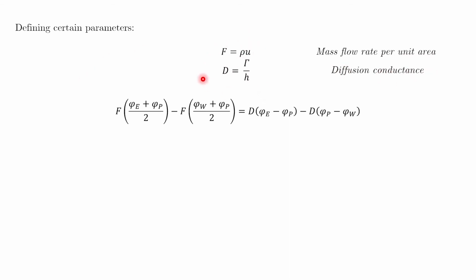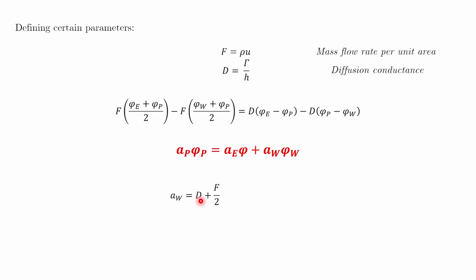If I plug these terms into my original equation, we are left with this nice form of equation, which is an equation in terms of different phi, F and D. And now it is very easy to assemble this equation in our standard form of AP phi P equals AE phi E plus AW phi W. So this should be AE phi E here. In this case, the coefficients AE and AW can be evaluated just by rearranging this equation.